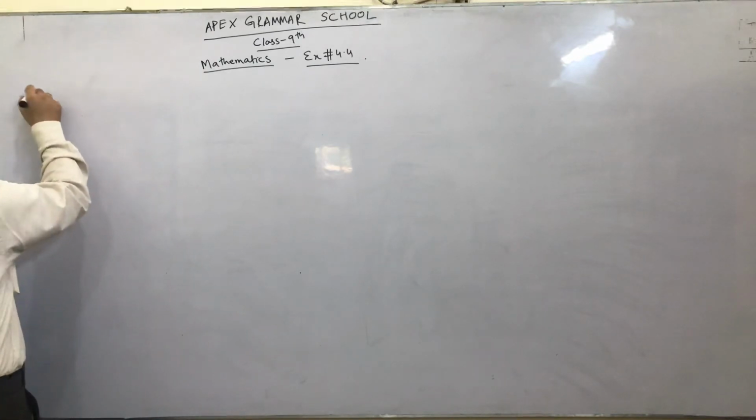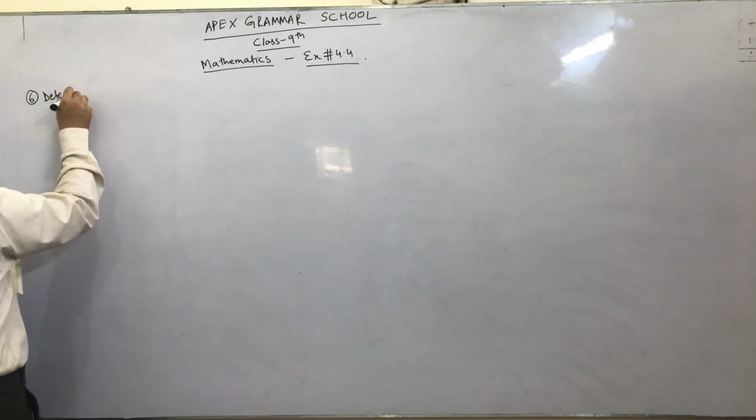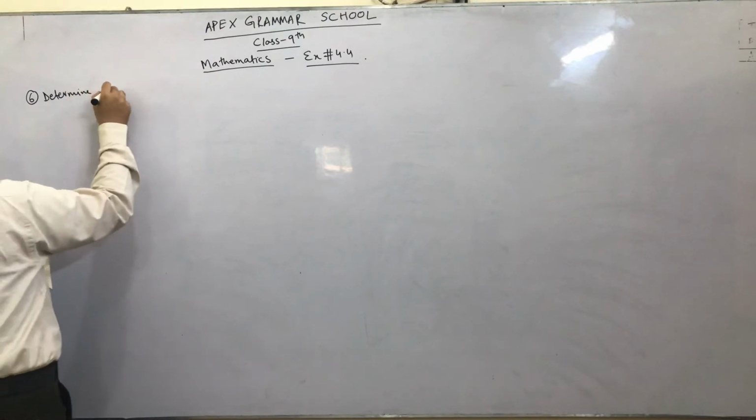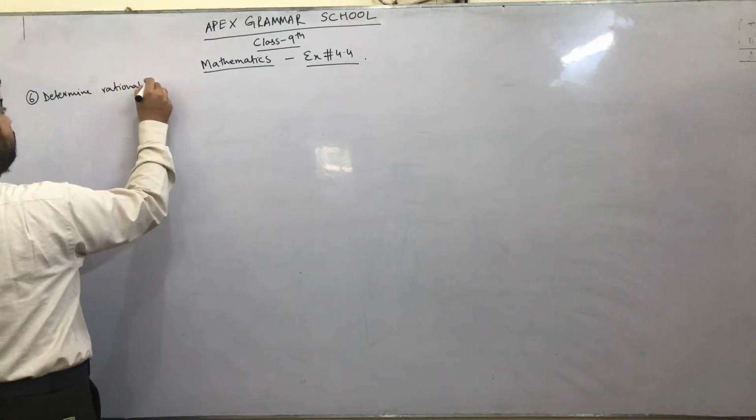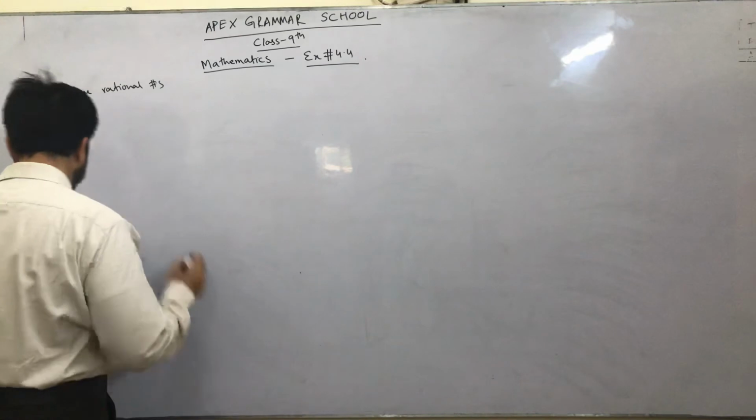Question number 6. Determine the rational numbers A and B.